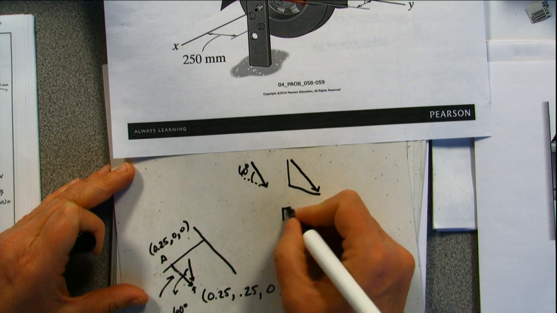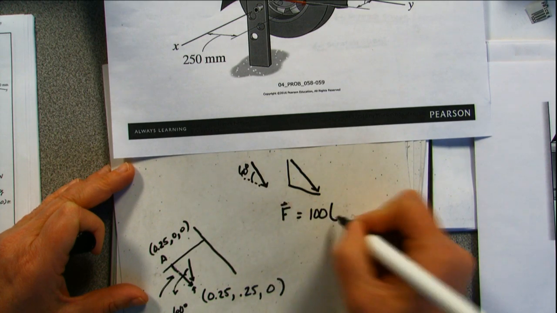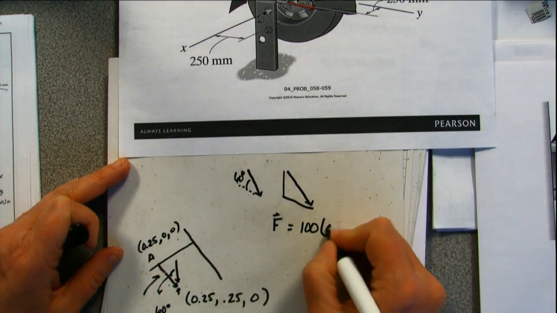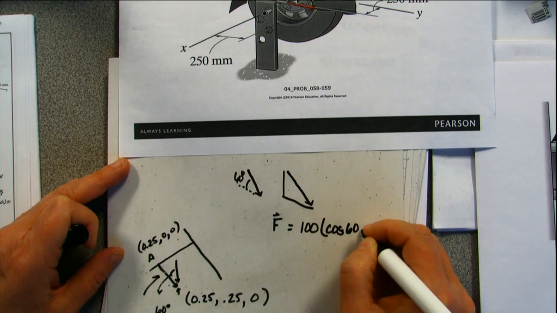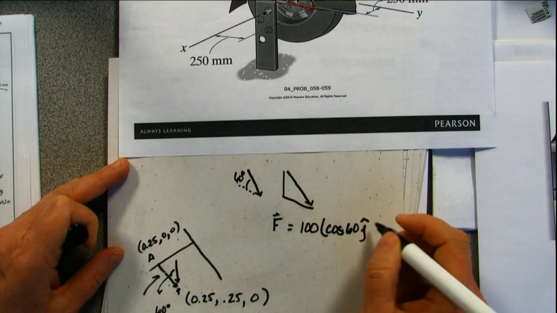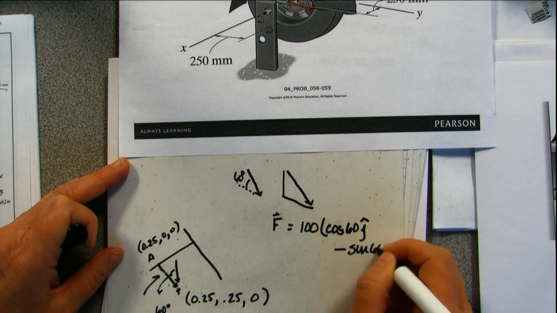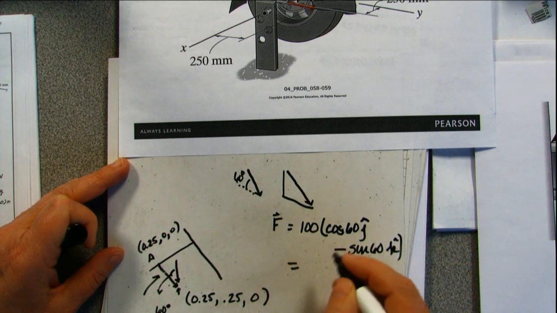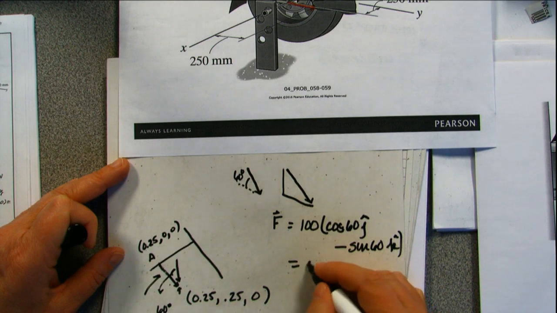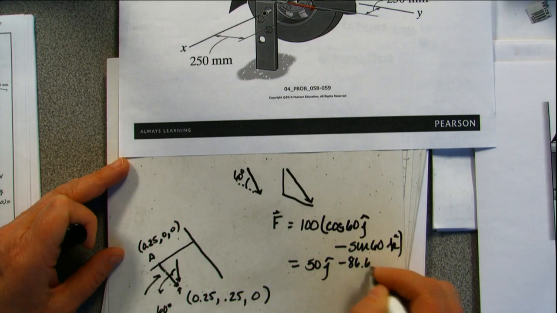So my force is going to be 100, because we've been told it's a 100 Newton force, cosine of 60 in the Y direction. It's facing downward, so I have to do a negative sine of 60 in the K direction, which is going to give me 50J minus 86.6K.